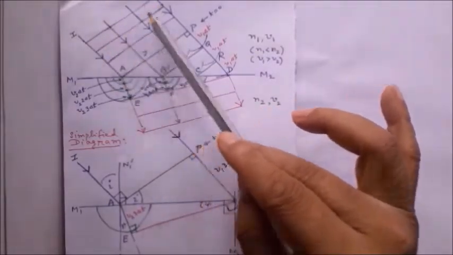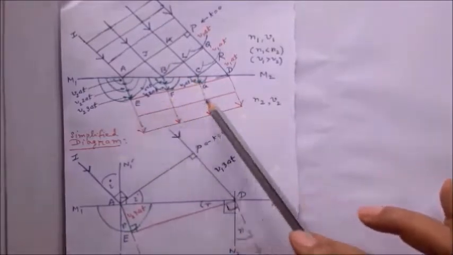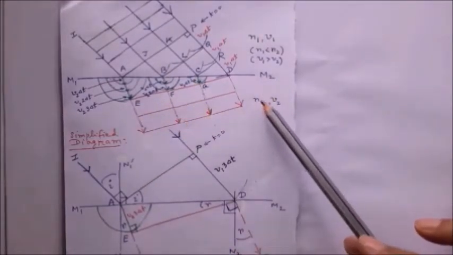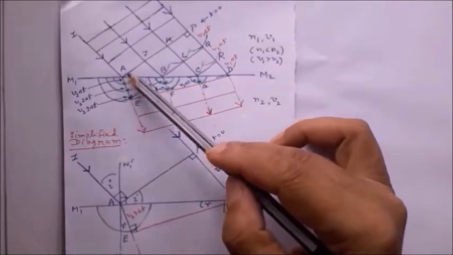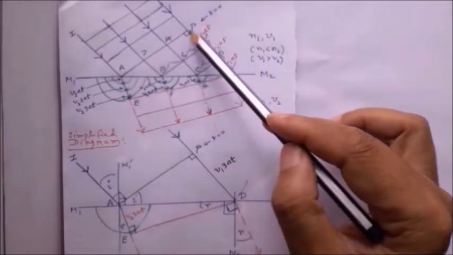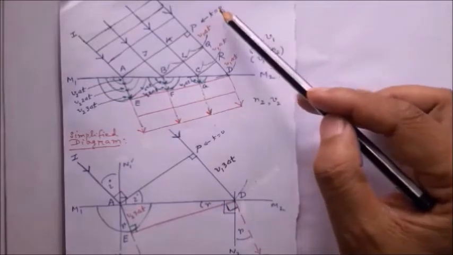So this is the wavefront. The wavefront is advancing towards the target medium which has refractive index N2. The representative wavefront we have shown is A, J, K, P, and this is the position of the wavefront at time t equal to 0.